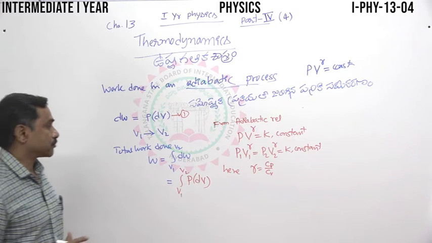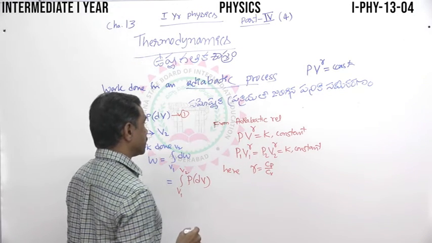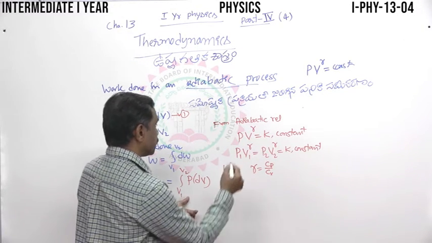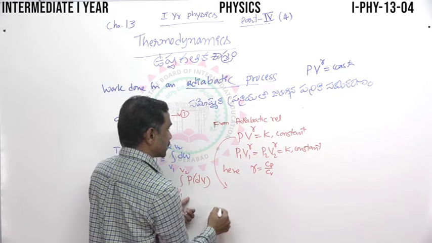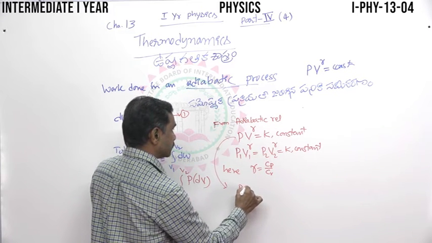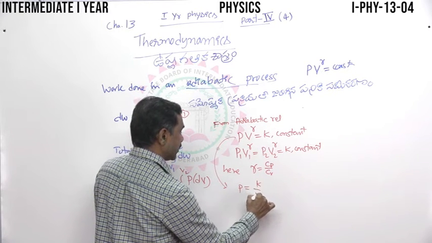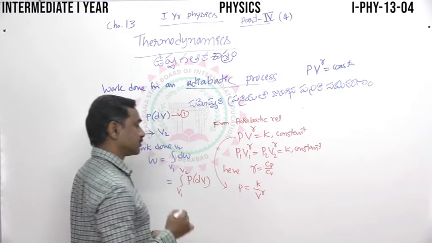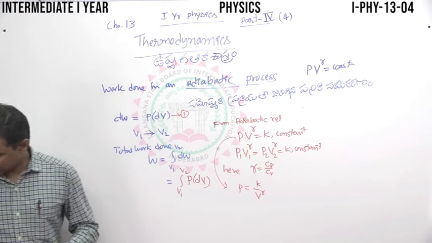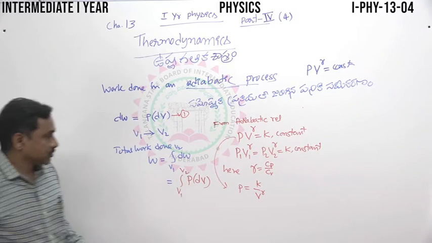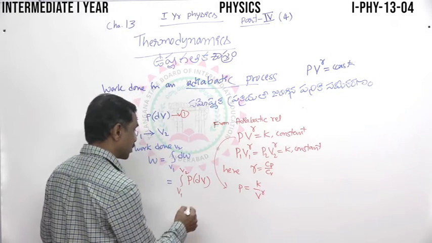Now substitute and simplify. From the adiabatic relation, P can be written as K divided by V to the power of gamma. Now substitute and simplify further, and you will get this expression, which is the total work done.